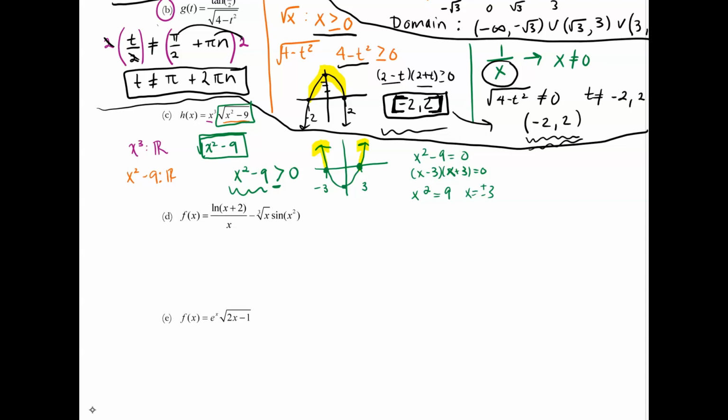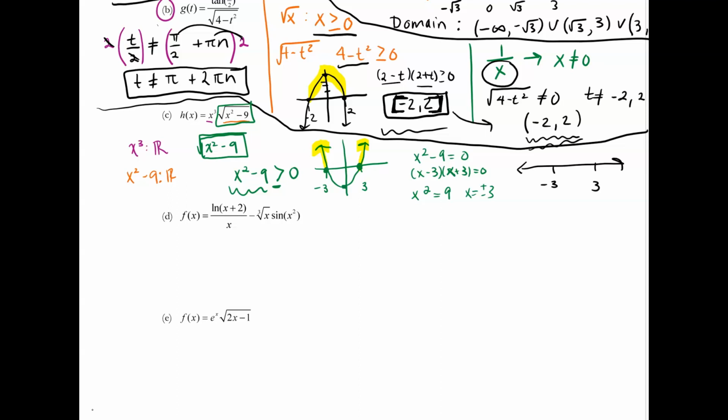All right, so the domain restriction we get from this is that x can be less than or equal to -3, or greater than or equal to +3. And again, it helps me to just put this all on a number line. So here's my -3, here's my +3.